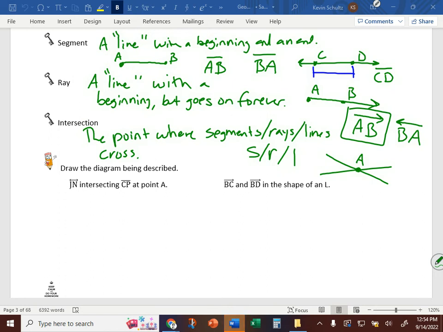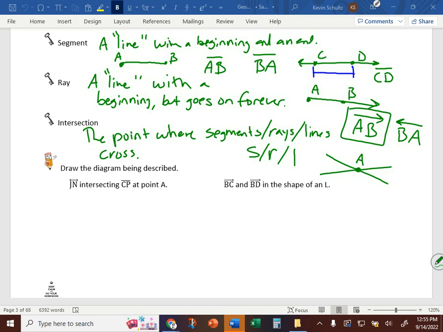Draw the diagram being described. It says, well, first of all, what does that say? Someone read that for me. Yeah, Jack. It means it's J and N, and then there's a line above it that has 2 arrows. Then it intersects, with CP, with another line, a capital whatever top thing, at point A. These two things above our JN and CP are different.